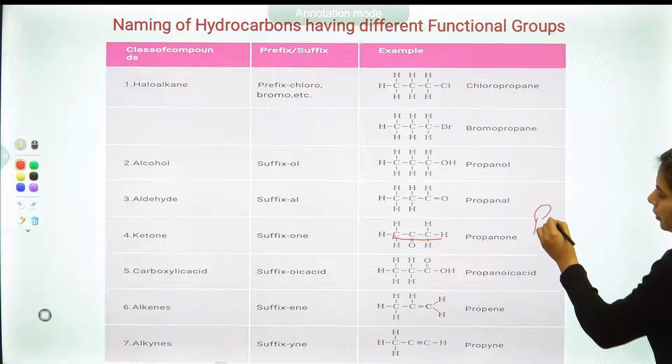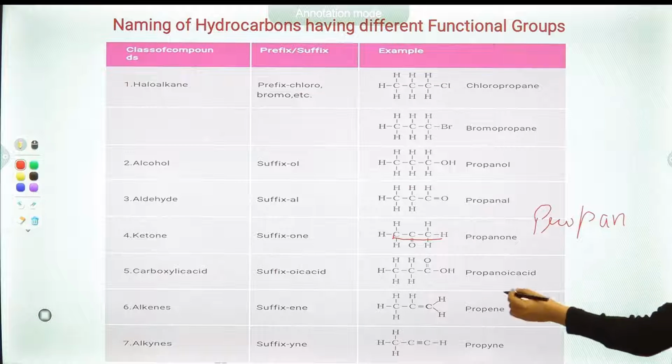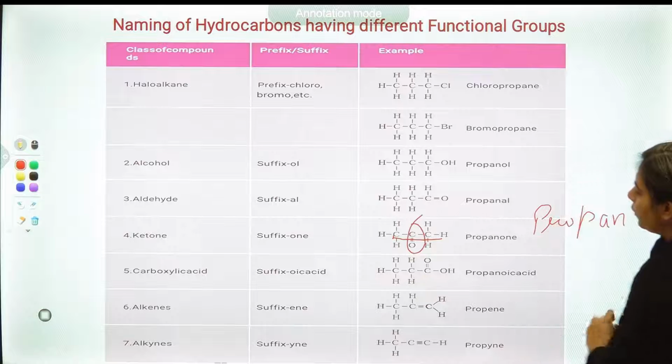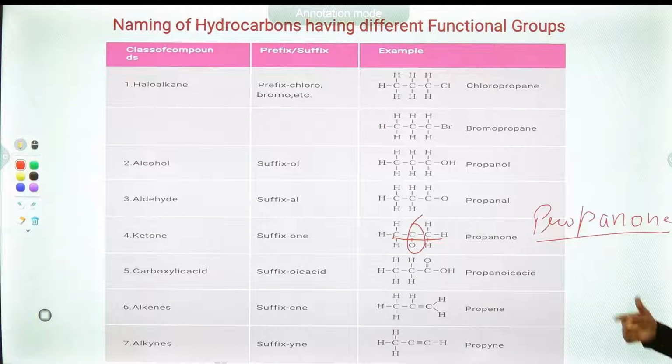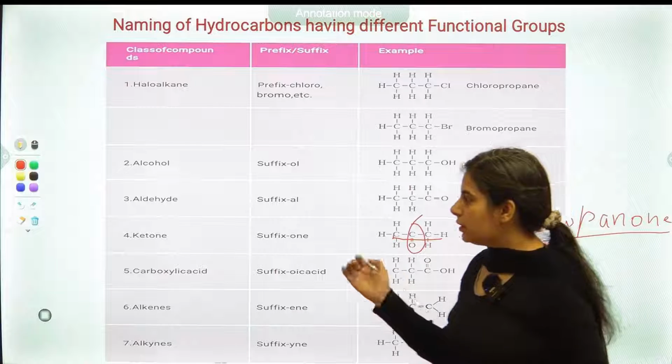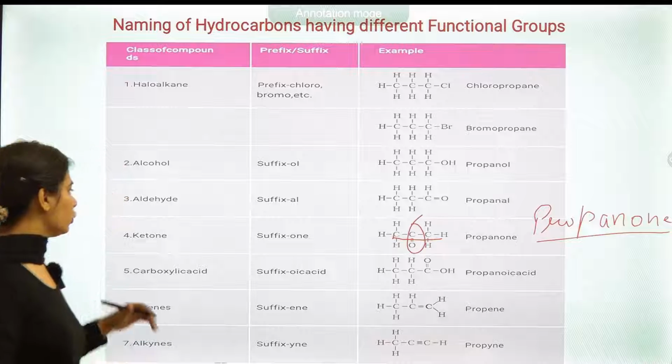And for 3 carbons, we will write prop. And then for bonding, we will write ane. And for functional group, we will write one. So we come up with propanone. This is the name of our compound where the functional group is ketone.